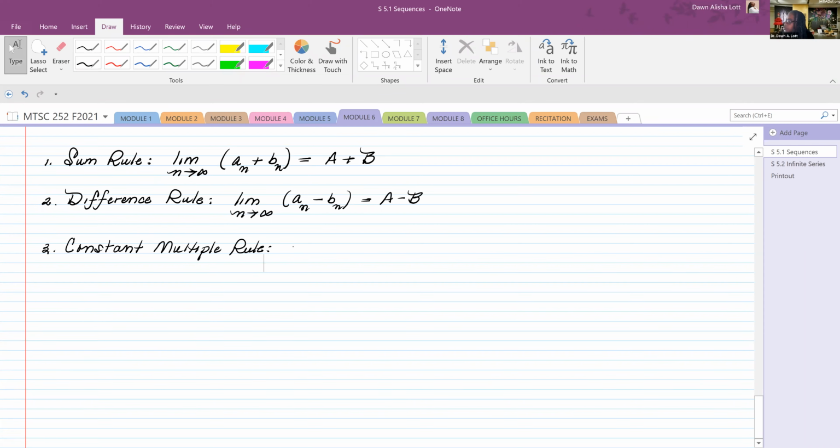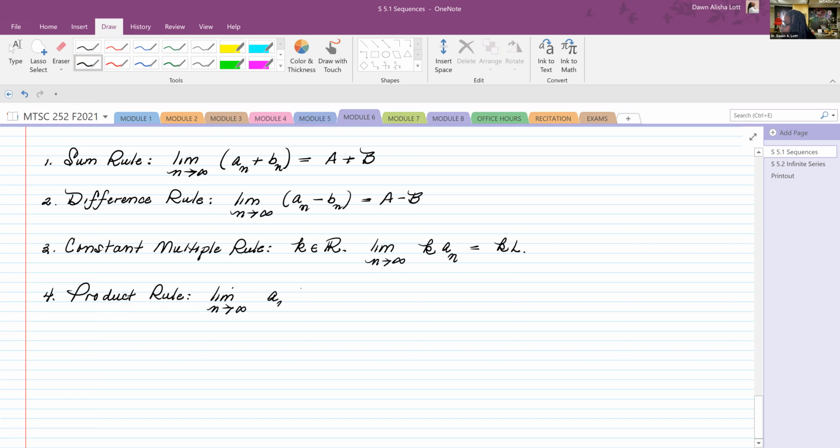The constant multiple rule says, let K be a real number. Then the limit as n approaches infinity of K times a sequence is the same as taking K and multiplying by the limit of the sequence. For the product rule, the limit as n approaches infinity of a sequence a sub n times another sequence b sub n is just A times B, the product of their limits.